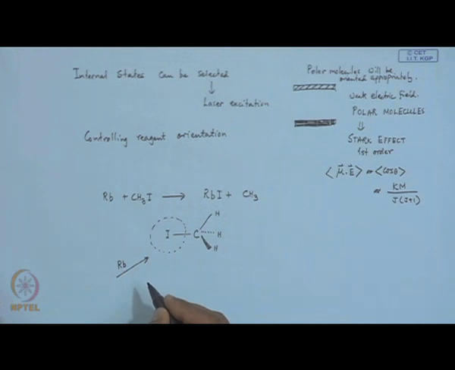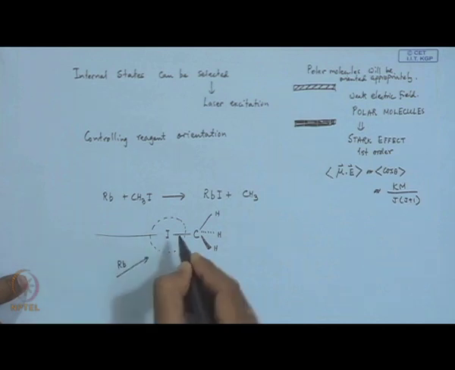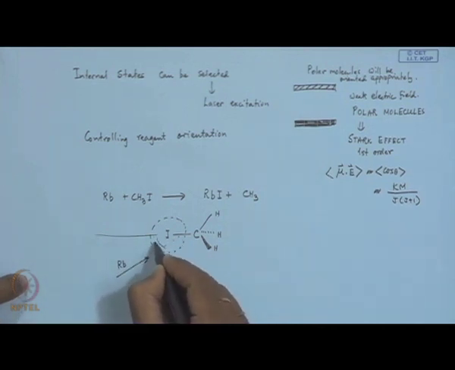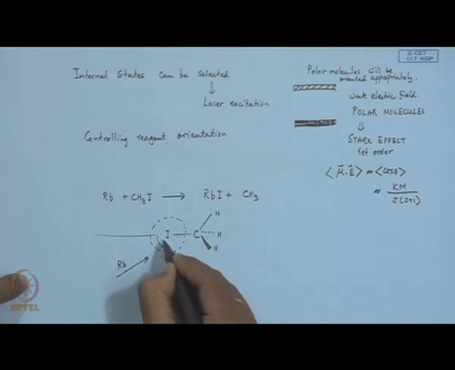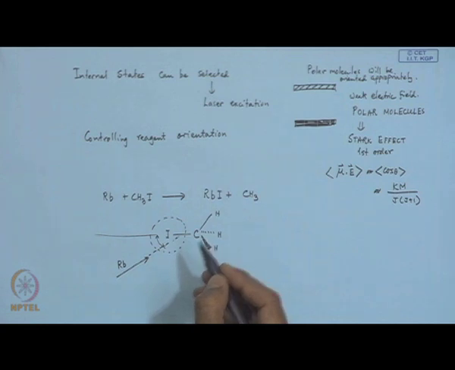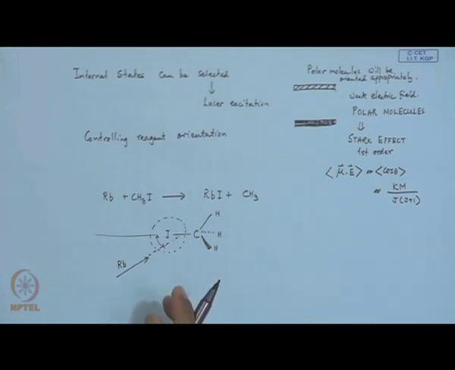Angle of attack is important. Angle of attack means this is your line, and if it is coming this way, this is your angle of attack. So whether the extent of your product formation is dependent on the angle.